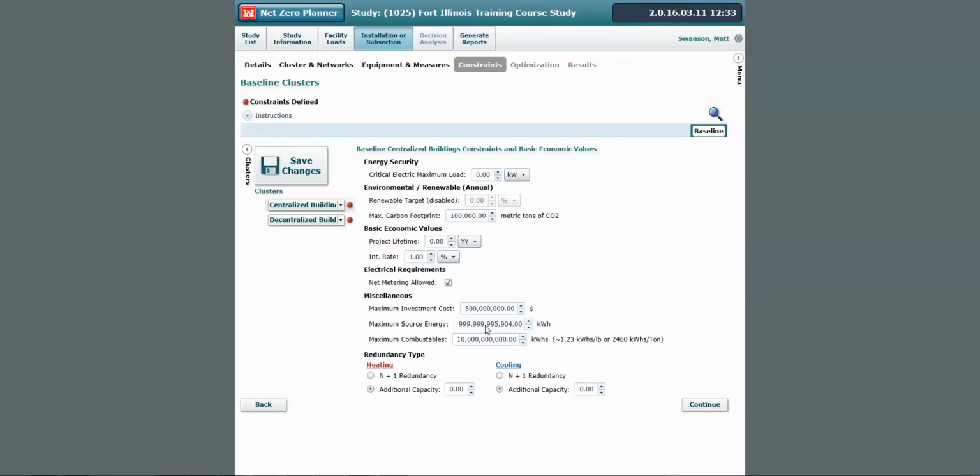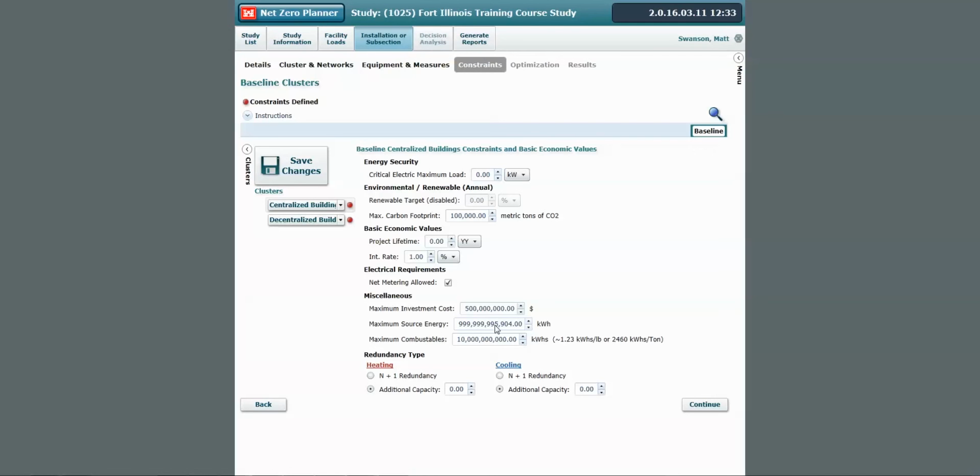If we were on some kind of glide path, we wanted to make a 30% reduction by some future date, we could decrease that source energy, say from 100,000 megawatt hours or something per year down to 70,000 megawatt hours per year. And that would mean that our solution is going to meet that maximum source energy. So it will reduce the source energy by 30% and give us the lowest cost solution that meets that requirement.